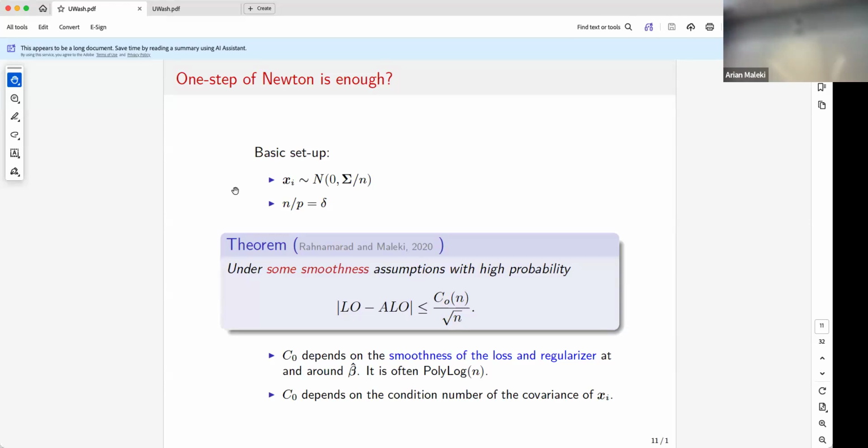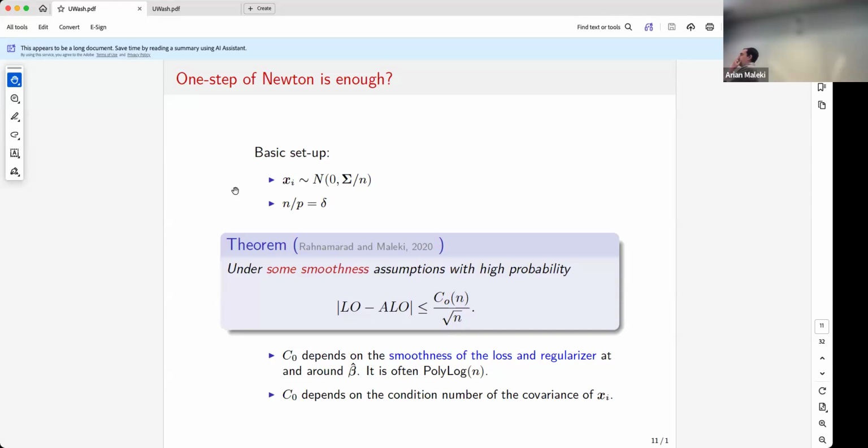So doing more than one Newton step is not even worth it, because the accuracy of leave-one-out itself is 1 over square root n. So this is more or less the best we can get, and one step of Newton is offering that error.